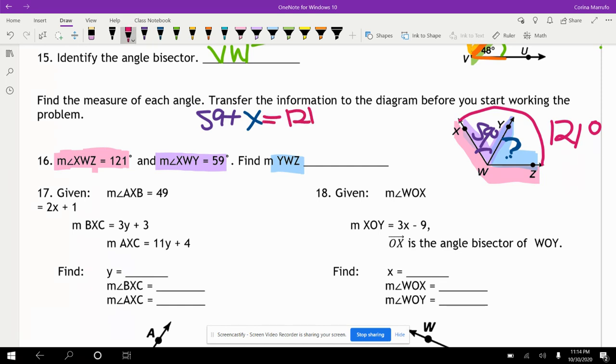The whole thing they told us was 121. So in order for us to figure out what X is equal to, we do 121 minus 59, and that gives us 62. So that means angle YWZ is 62 degrees.